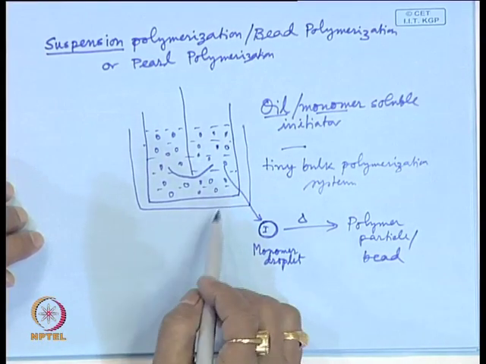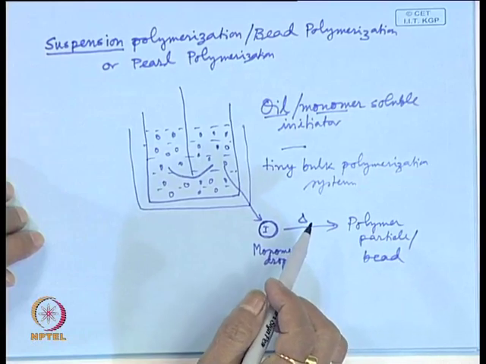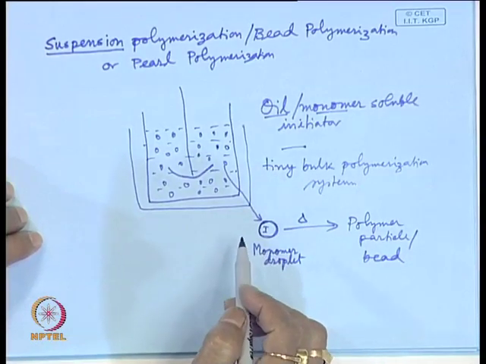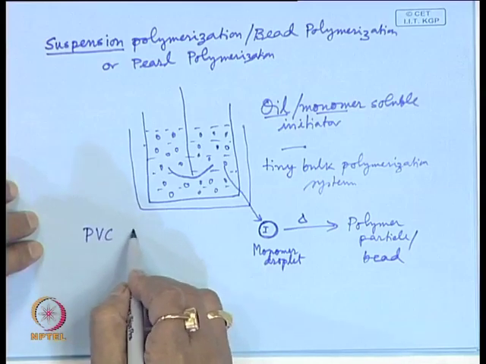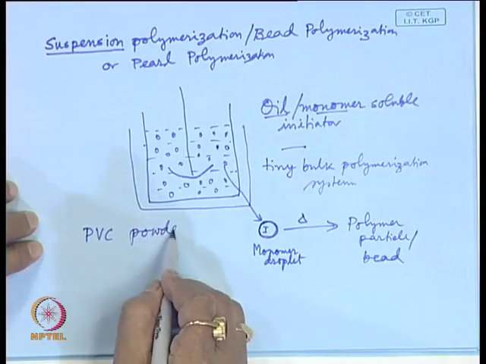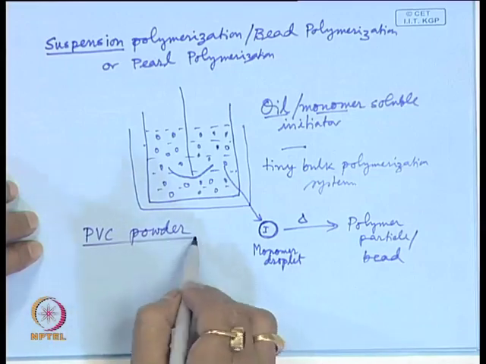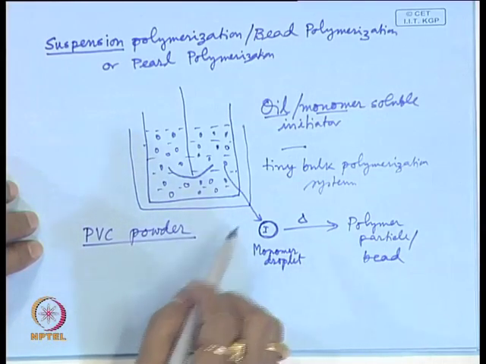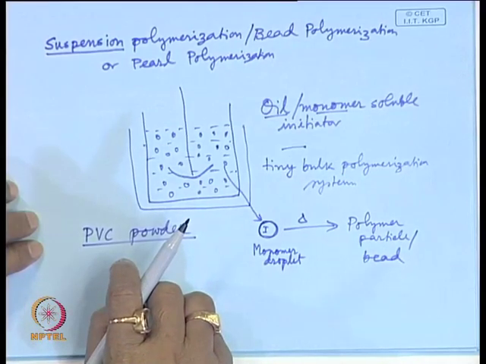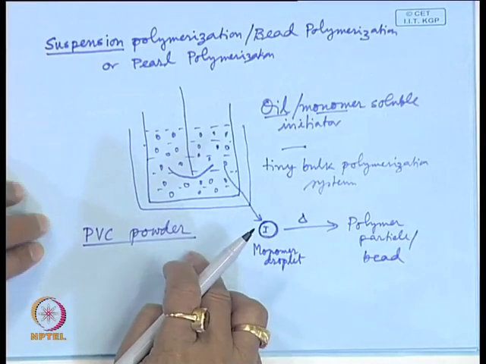Anyway, suspension polymerization is still a good process. Say, polyvinyl chloride, PVC powder, is made by this suspension polymerization process.